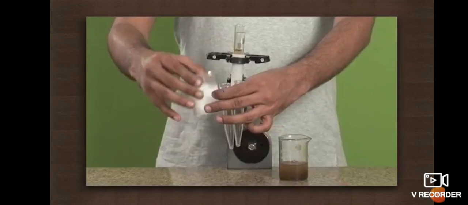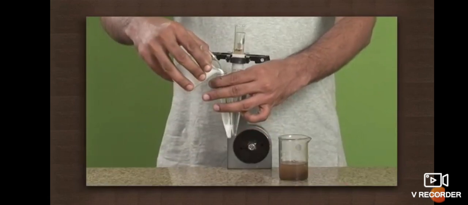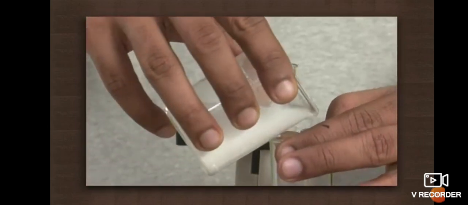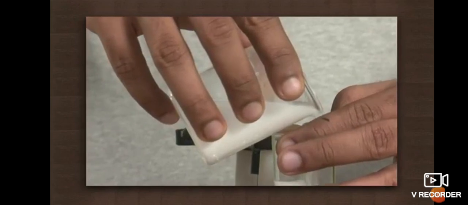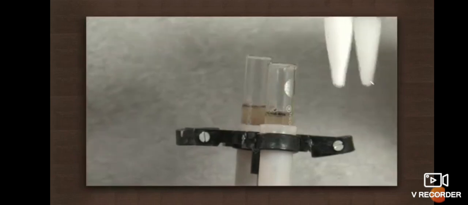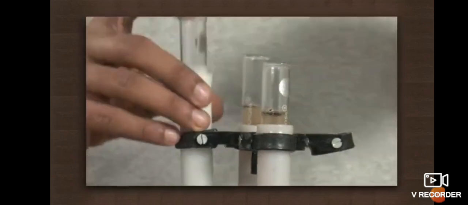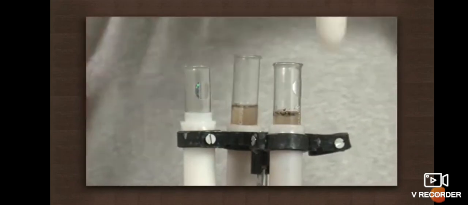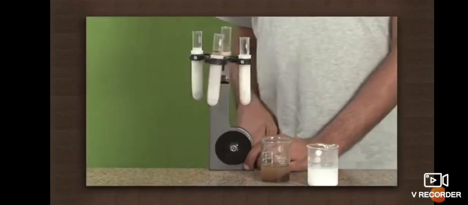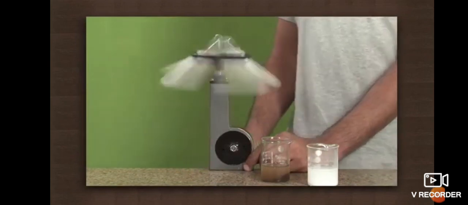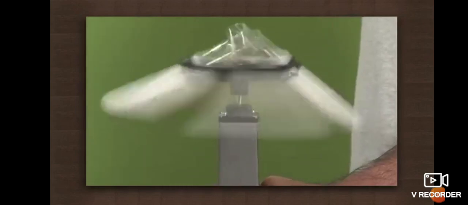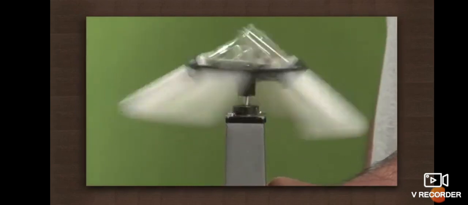Now take the calcium hydroxide mixture in the test tubes and also place them in the centrifuge machine. Rotate the machine fast for a few minutes. Stop rotating.